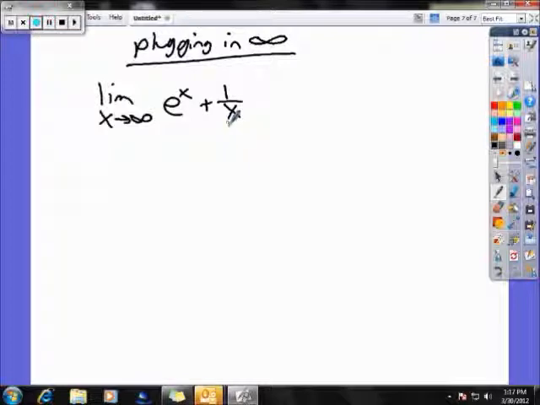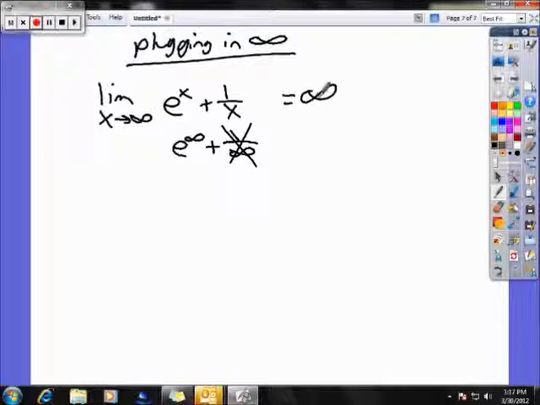Okay, so e to the infinity plus 1 over infinity, and we just remember what we just said about when a fraction is getting bigger and bigger on the bottom, the limit is what? 0. So that just cancels out, and e to the infinity is going to be infinity, right? Even faster. Okay? Not that that's possible, but yeah.